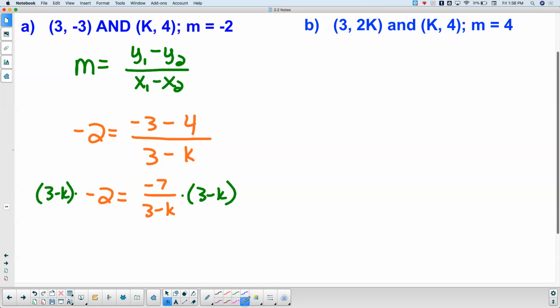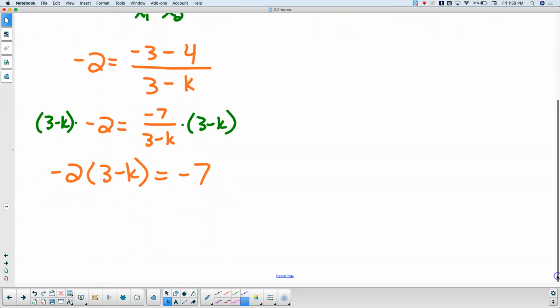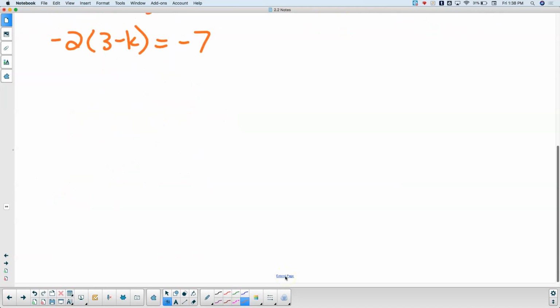So then that gives me -2 times the quantity 3 minus k equals -7. Now what would you do? Distribute. -6 plus 2k equals -7.